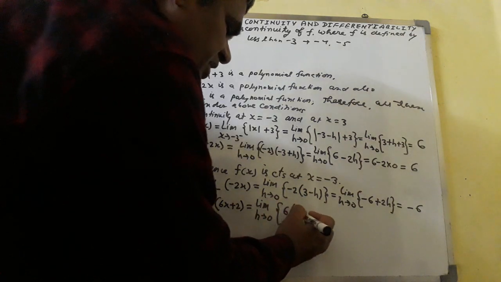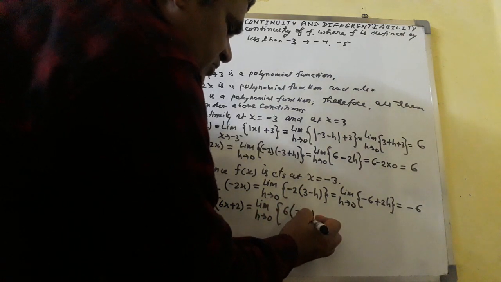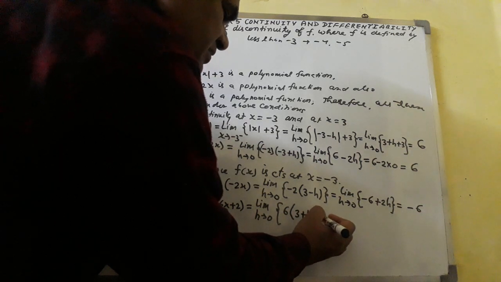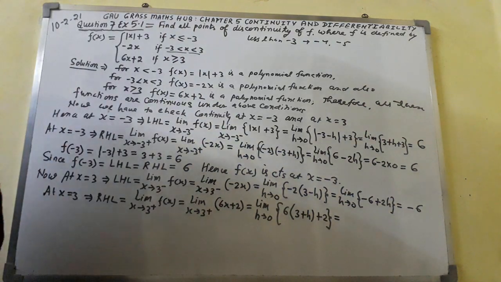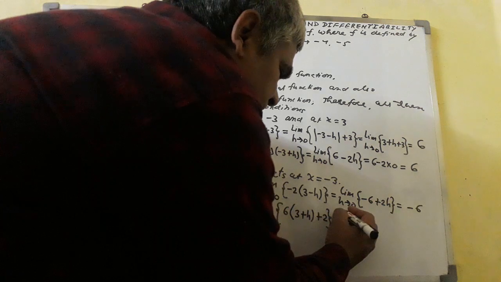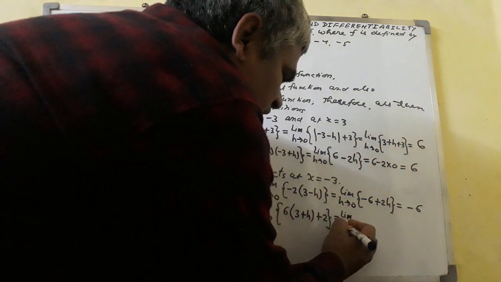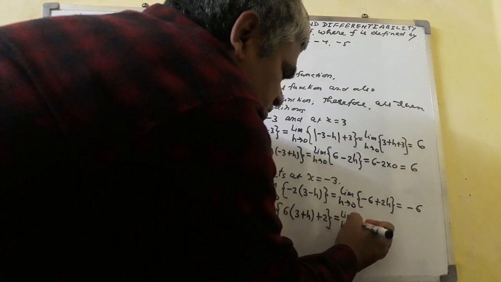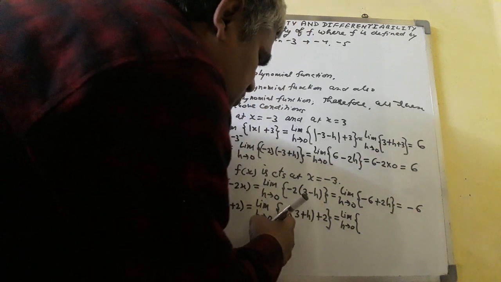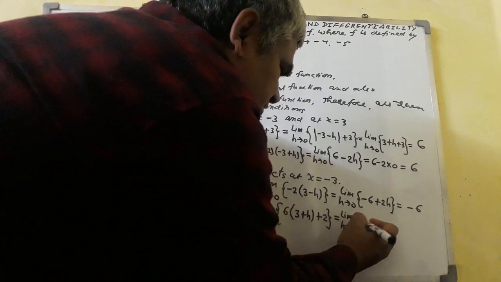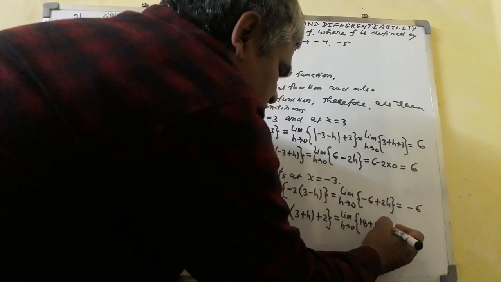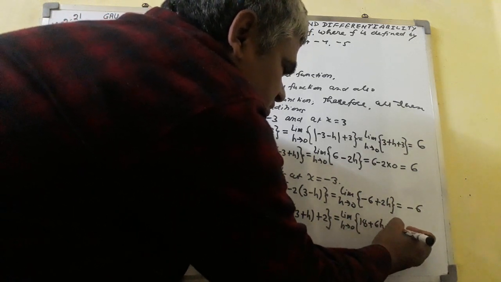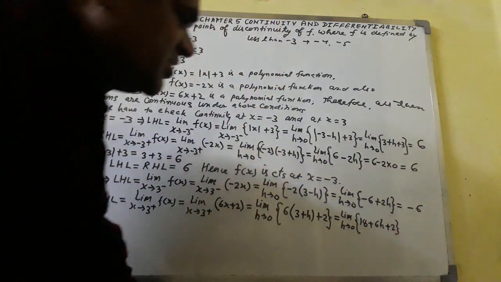So here 3 plus h, plus 2 I shall write, equal to, solve this one, lim h tends 0, here it will be 6 times 3 is 18 plus 6h plus 2.